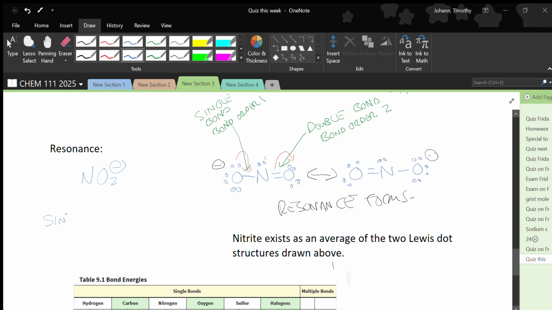So if I've got a single bond and I have a double bond, a double bond is going to be stronger and shorter than a single bond.